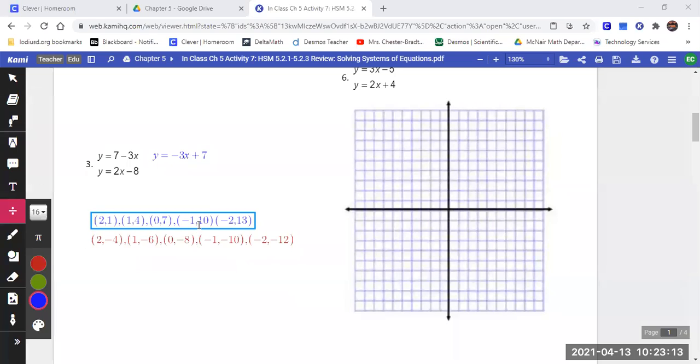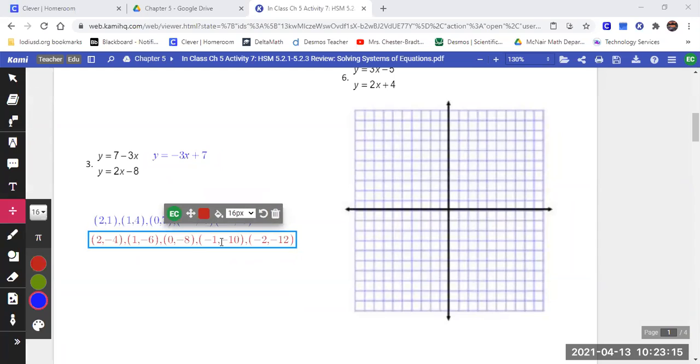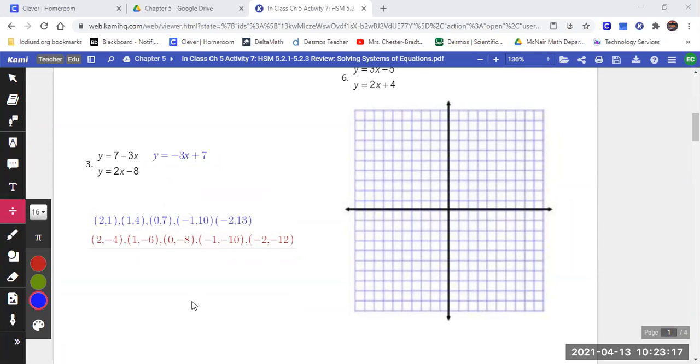Okay, so then let's look at the negative 1. Starting at negative 10, going all the way to positive 10. How far is that?